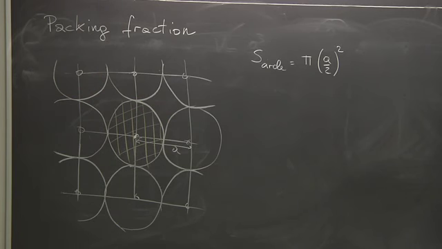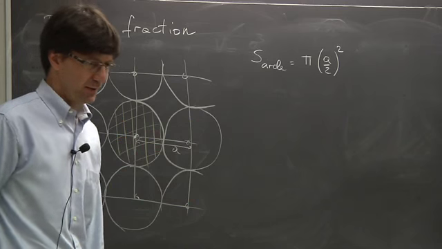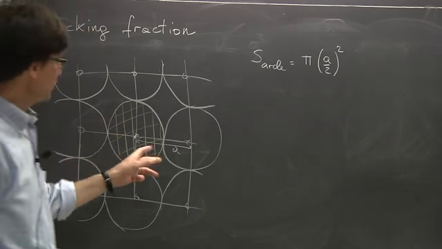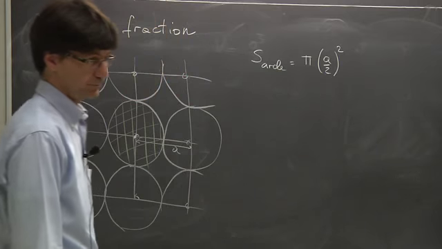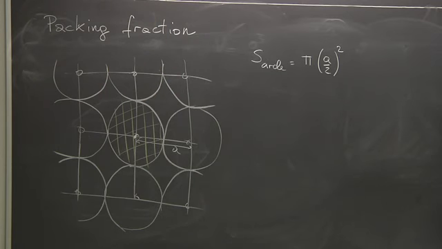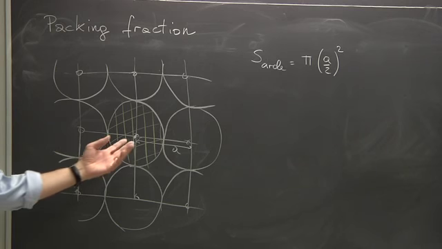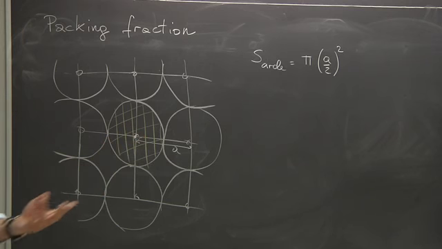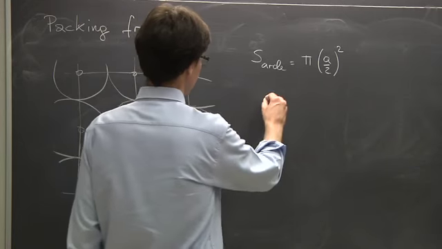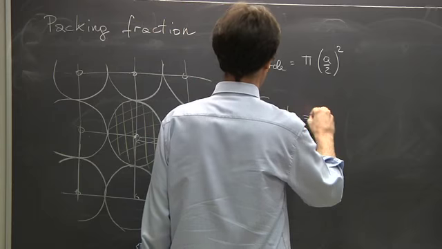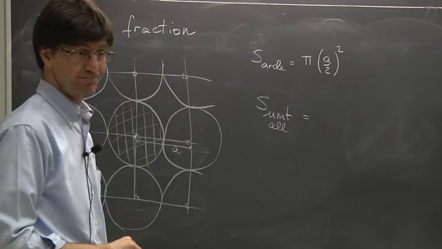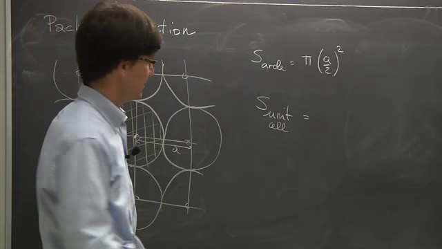So every Bravais lattice point will contribute to the total area of the spheres with this contribution. What about the total space available for each Bravais lattice point? That is given by the surface of the unit cell. So the surface of the unit cell here is A squared, correct.